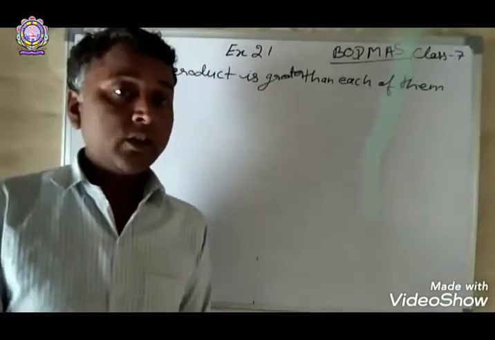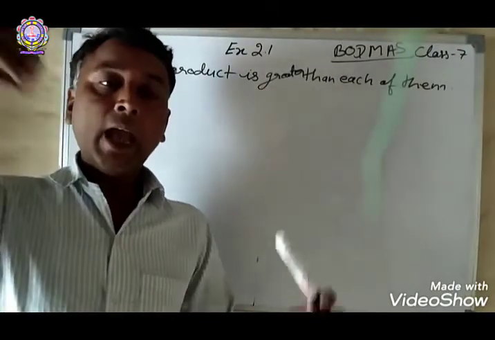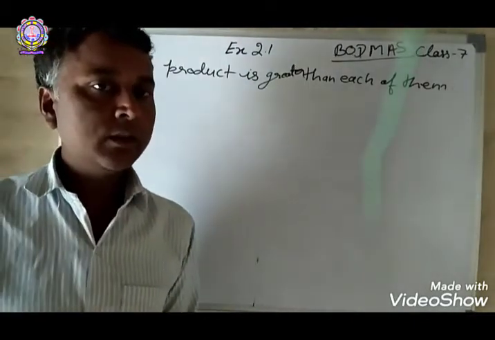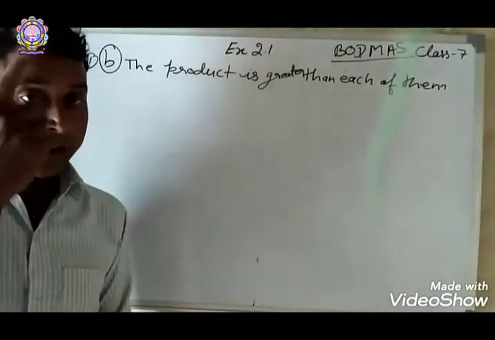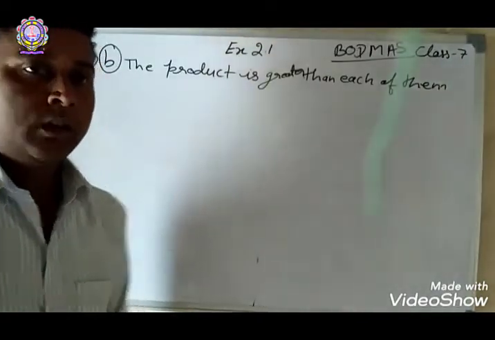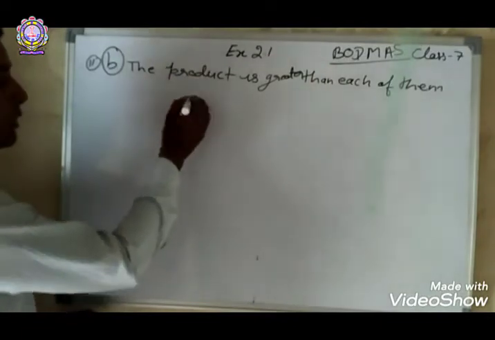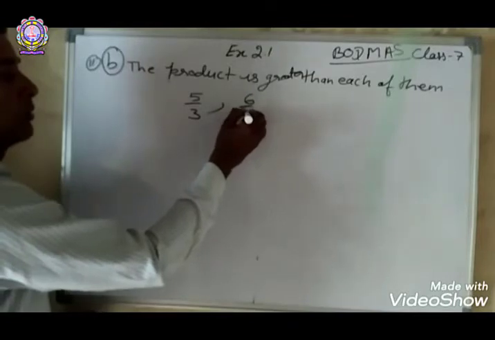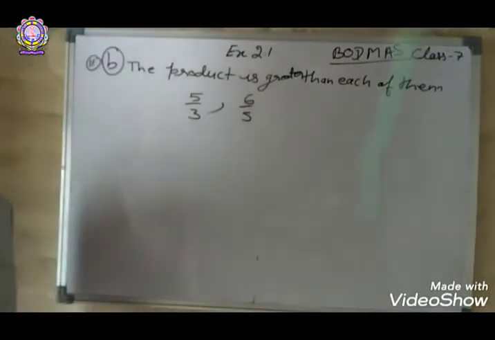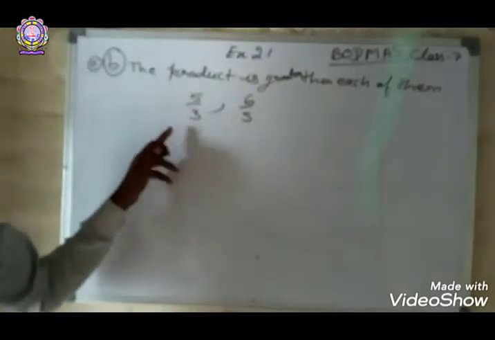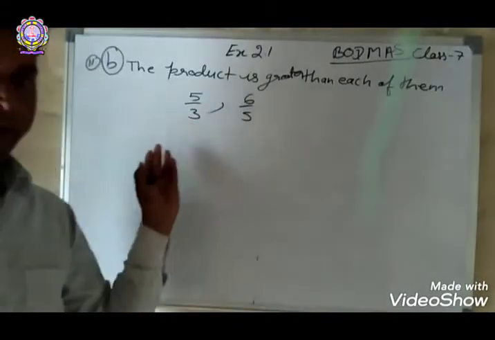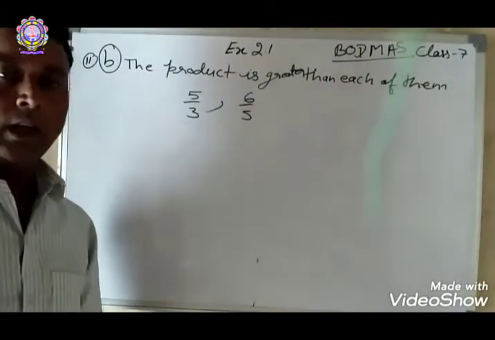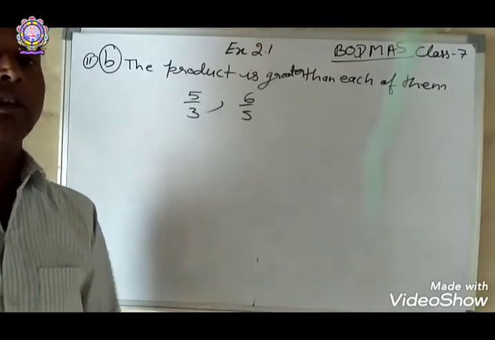So for this we take any two improper fractions. What is an improper fraction? One whose numerator is greater than the denominator. So you take any two improper fractions, 5 upon 3 and 6 upon 5. Okay, so you check them, and I hope you solve this. First you find the product: 5 times 6 is 30 and 3 times 5 is 15, and then check if it is greater or not.